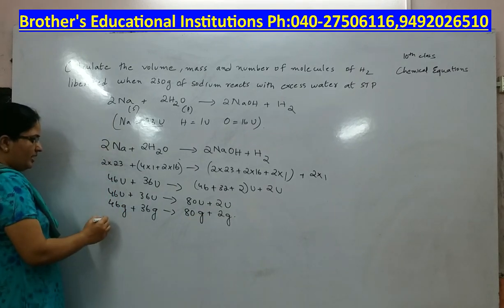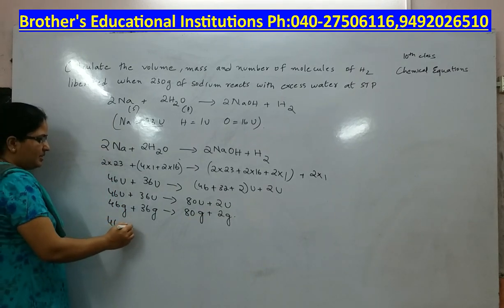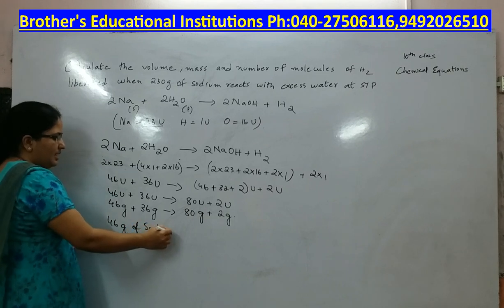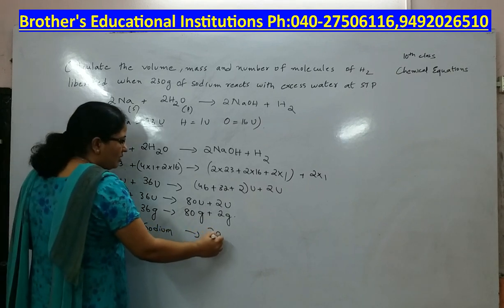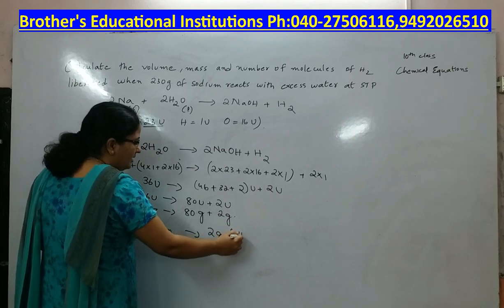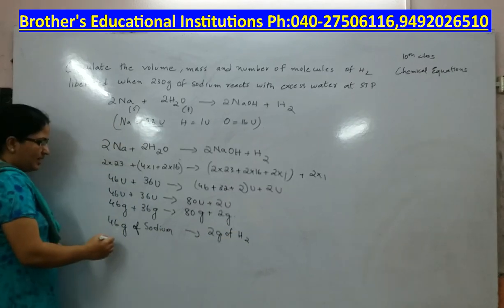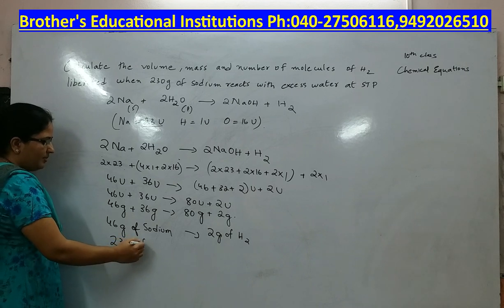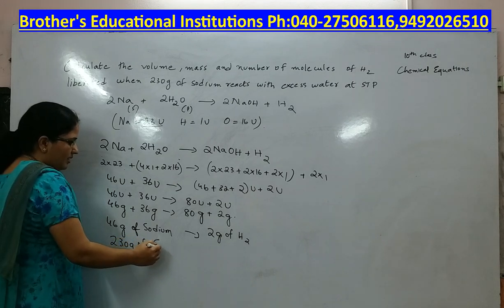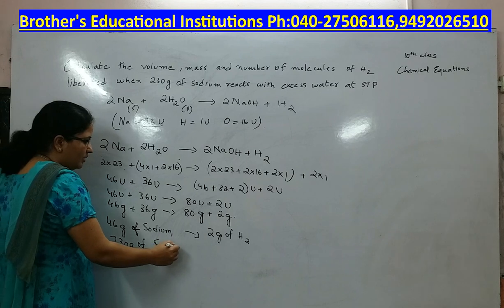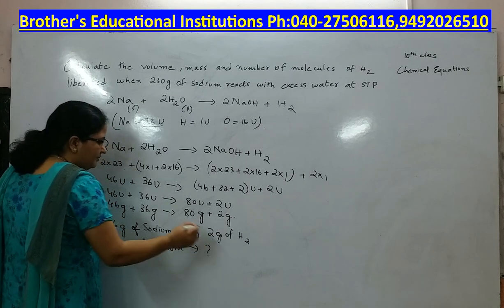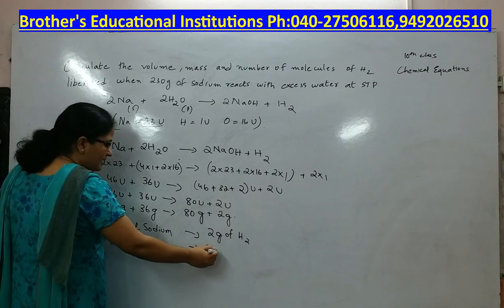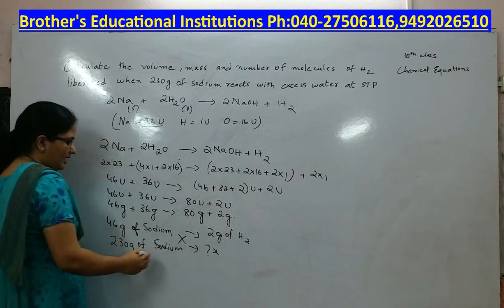Okay, so here 46 grams of sodium is giving 2 grams of hydrogen. Then 230 grams of sodium will give how much hydrogen? That is the question. Cross multiply. Let us call this x.